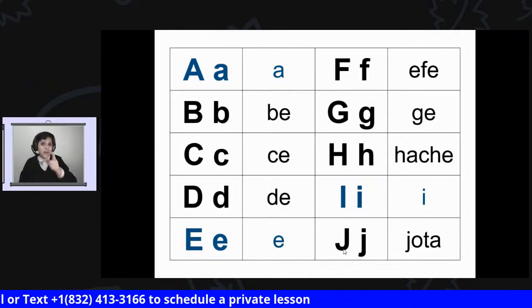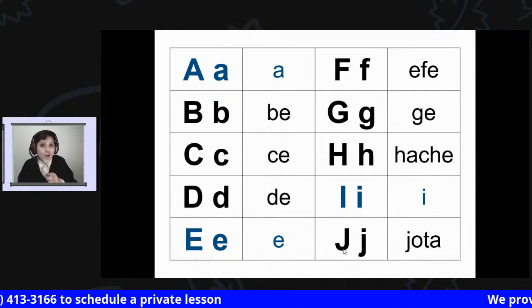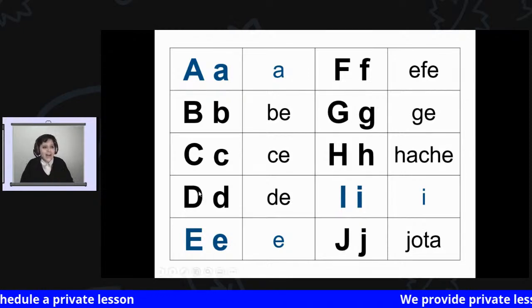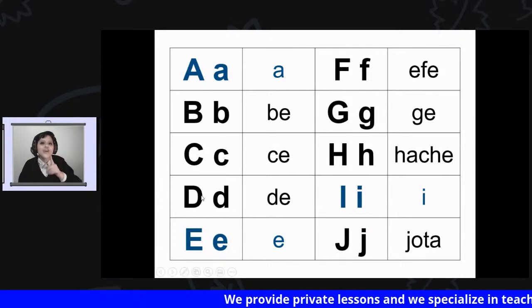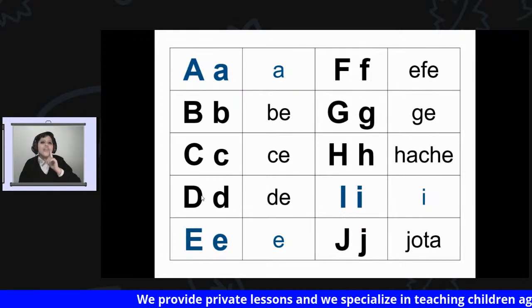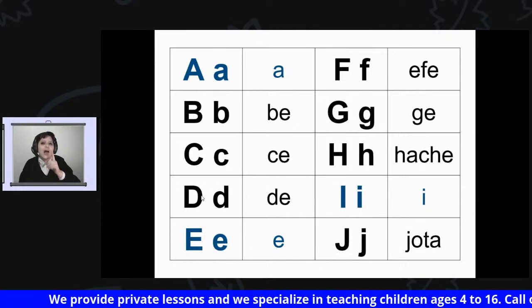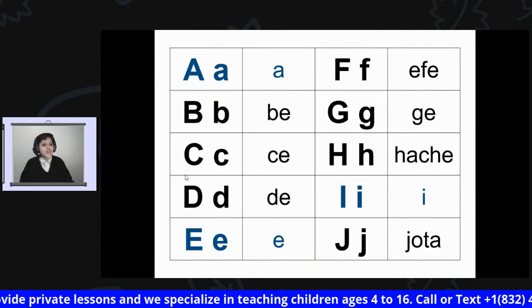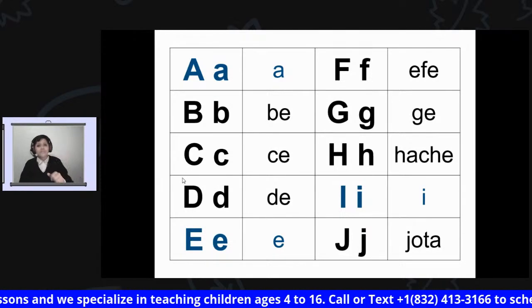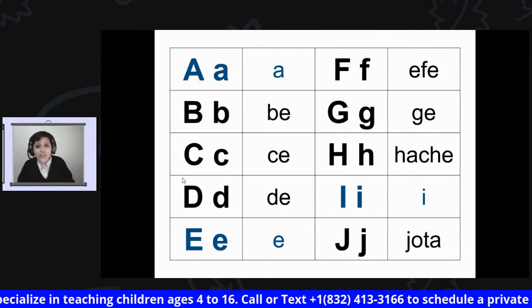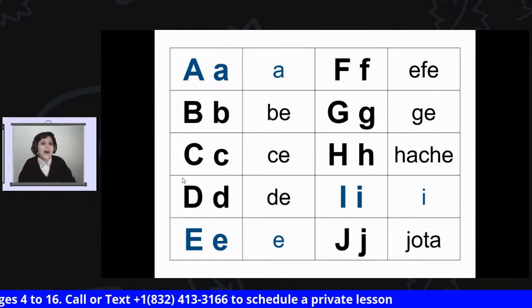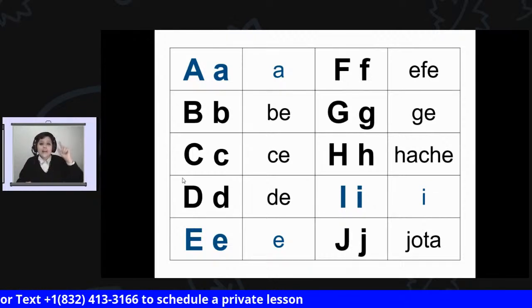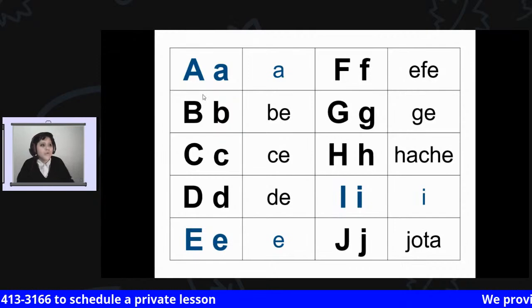What about this one? What does it sound like? Do it at home as well. And this one? The, the, the. So you can see most of the vowels and most of the consonants share sounds in Spanish. Now, I'd like you to acknowledge something very important.